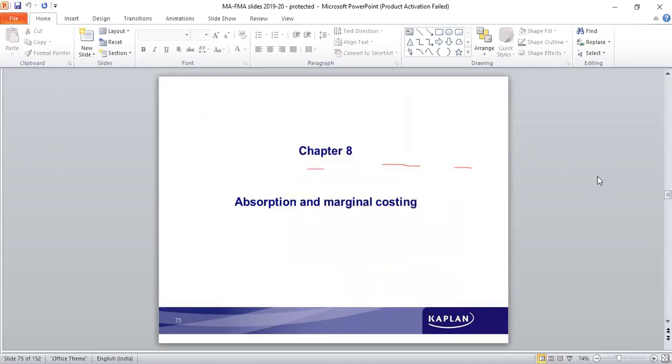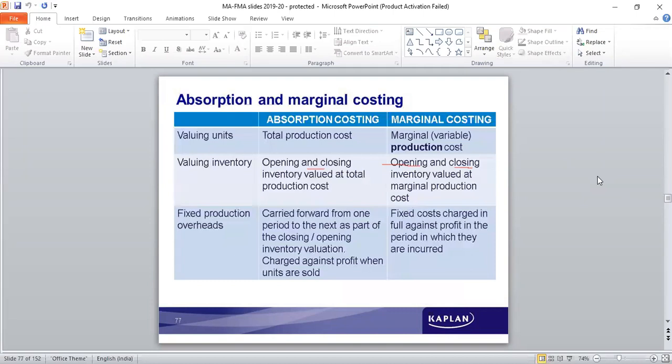In simple terms, when the point of difference comes, you must have done your trading account, trading P&L account, or have some basic idea about it. We have all that in values.